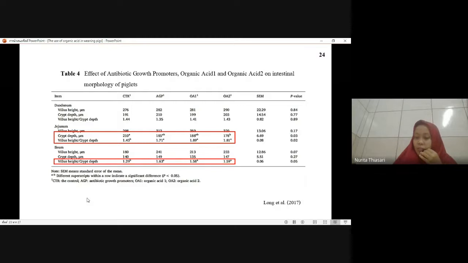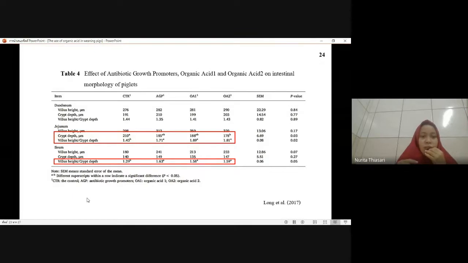I don't really understand. Does the organic acid work in a specific part of the small intestine? Because I also read from some of your slides, for example on pages 15 and 18, it mentioned that the antibiotic, I'm sorry, the organic acid works especially on the jejunum, but it did not mention the duodenum and the ileum.